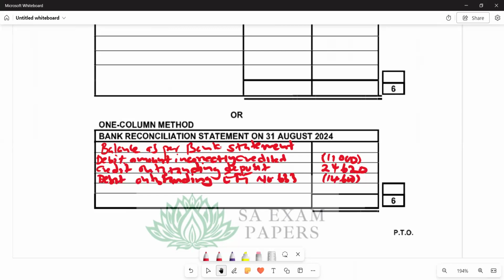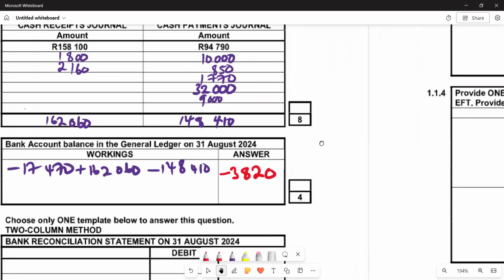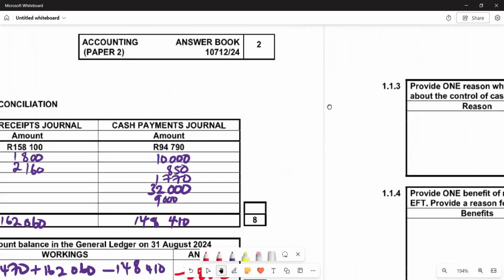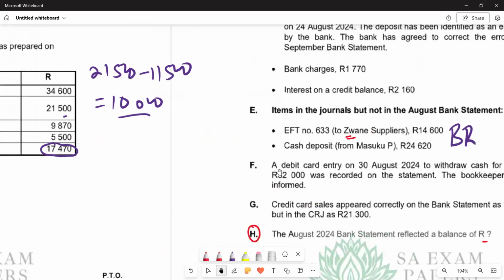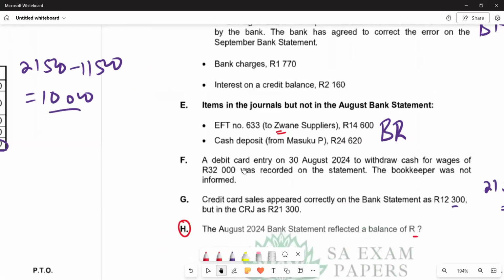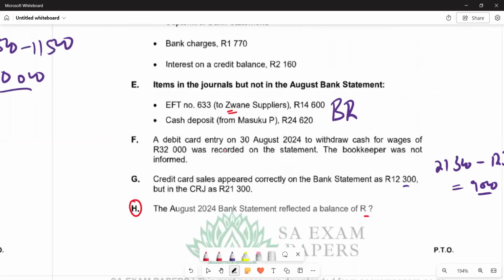Right. So we can just go there and see what other adjustments we need to update. It seems as if we have exhausted everything in terms of what is required. Remember, this was the last one, the bank reconciliation.